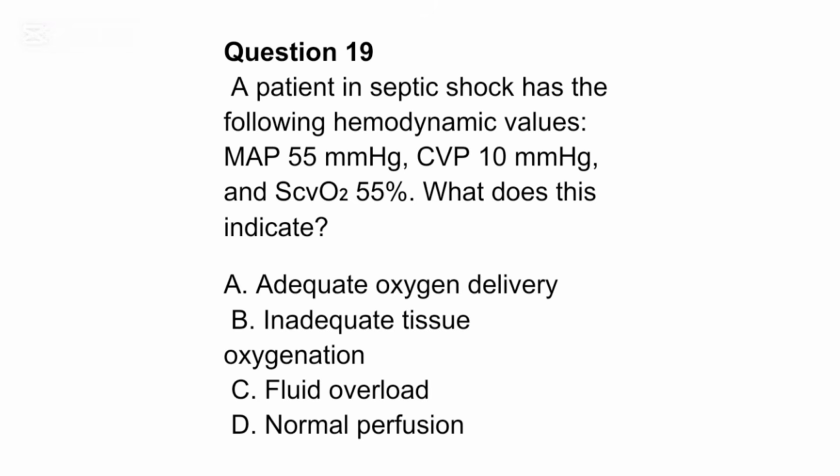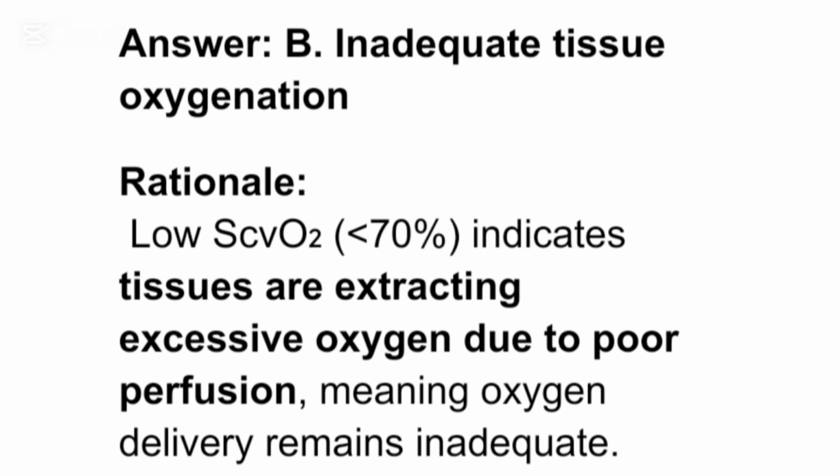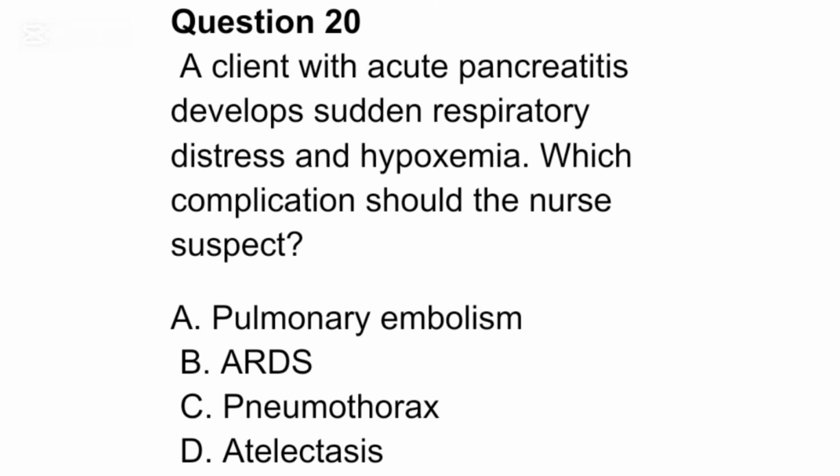C. Fluid overload. D. Normal perfusion. Answer is B. Inadequate tissue oxygenation. Rationale: Low ScvO2, less than 70%, indicates tissues are extracting excessive oxygen due to poor perfusion, meaning oxygen delivery remains inadequate.